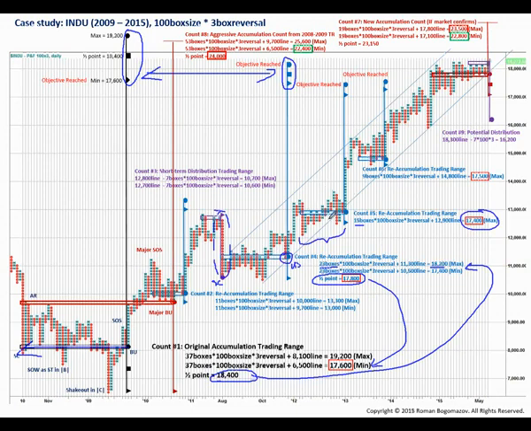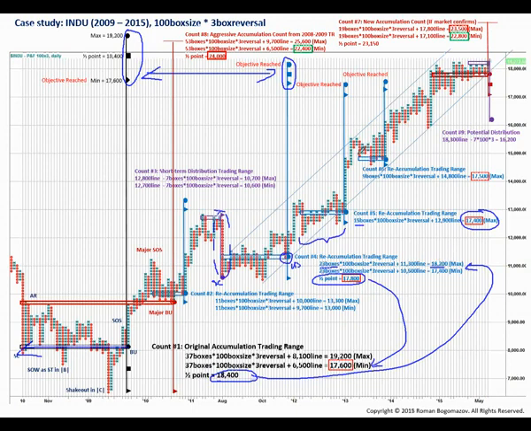So as we go to the next one, as you said, look at the objective here, 17,400. Here we have a middle point for our objective at 17,800. At the original trading range, the minimum objective is 17,600.